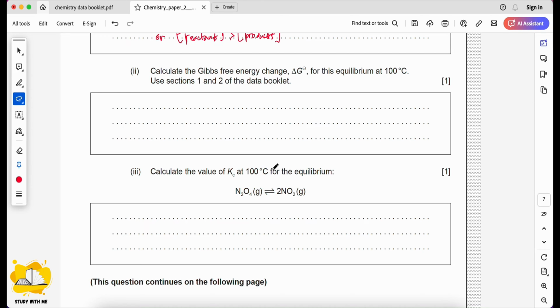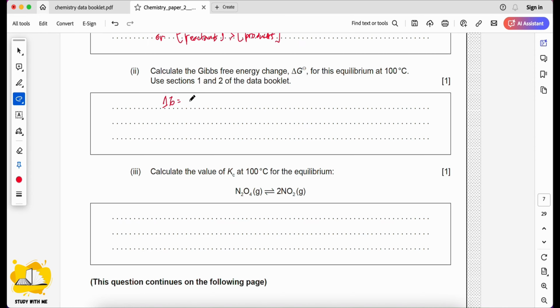Calculate the Gibbs free energy change delta G for this equilibrium at 100 degrees Celsius. Use sections 1 and 2 of the data booklet. Mostly it's about the value of R and the formula.